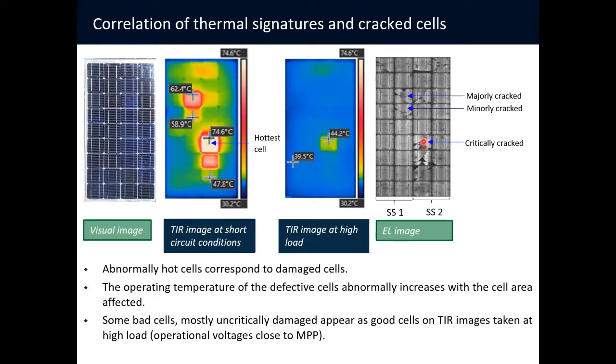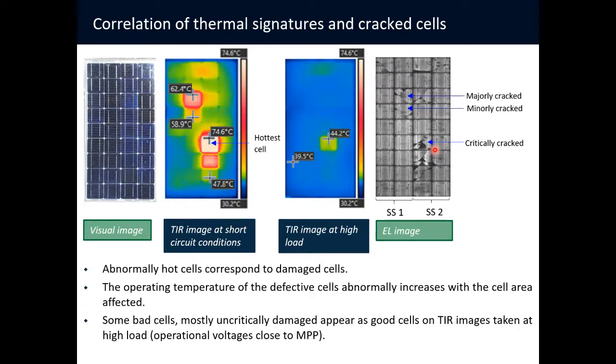So TIR imaging can reveal hot cells of defective cells under certain operational conditions, which cause a significant current mismatch between bad cells and good cells.